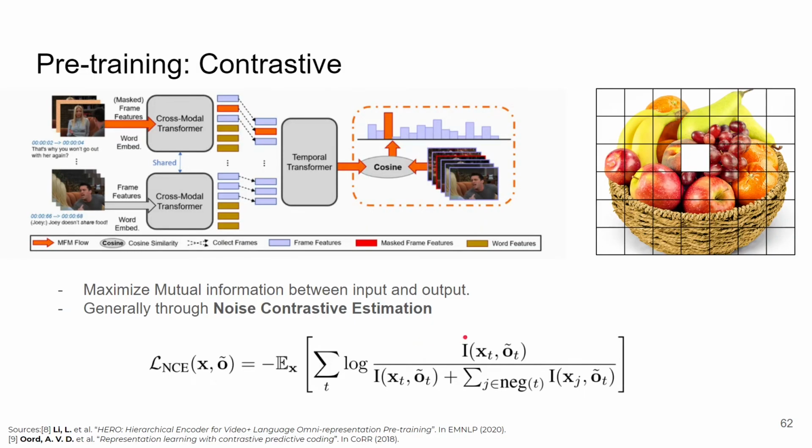So for images, the main idea is going to be mask prediction, right? But as we cannot directly predict the patch because that's going to be expensive, we're going to use these contrastive losses.